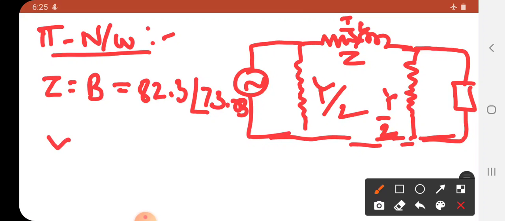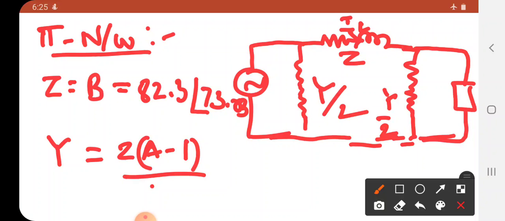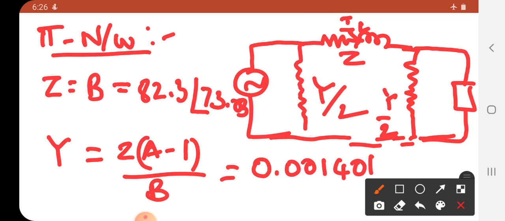And what is Y? Y is equal to 2 into A minus 1 by B. Now you substitute A and B values here, then you may get approximately, just check all these answers, I am writing directly, 0.001401 at an angle of 89.97, that is approximately 90 degrees.